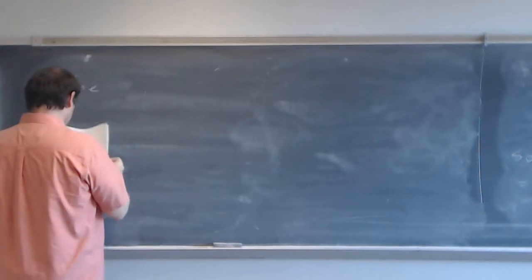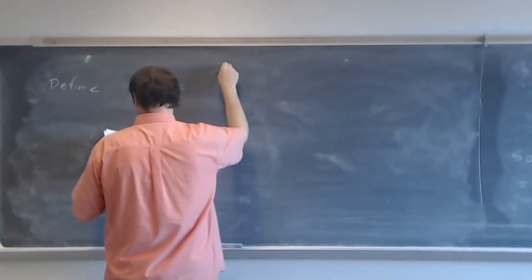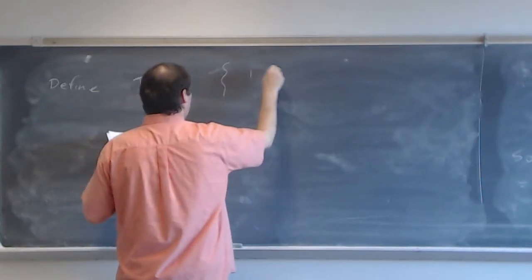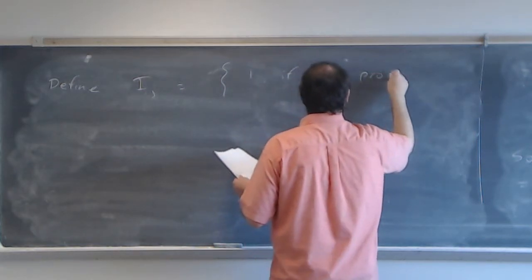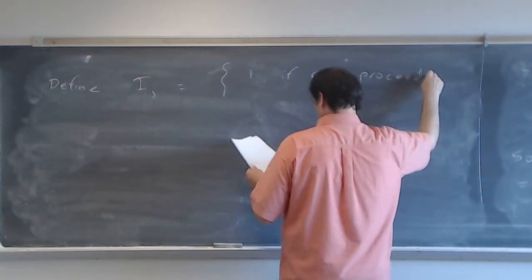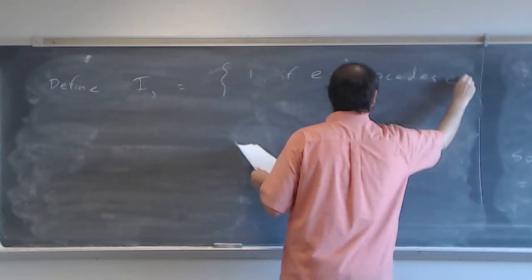Now here's what we're going to do to help us. We're going to define this indicator function I_j equal to 1 if E_j precedes E_i, and 0 otherwise.